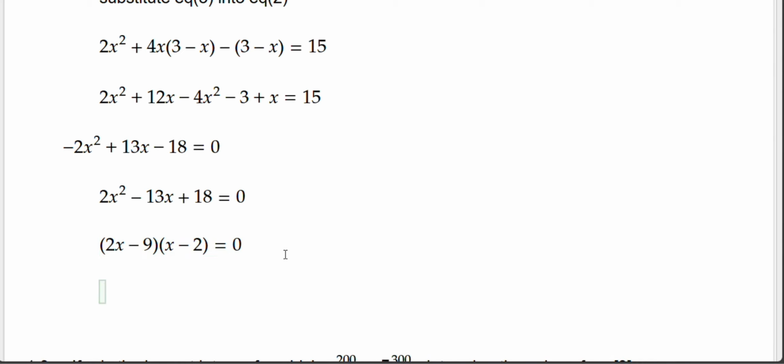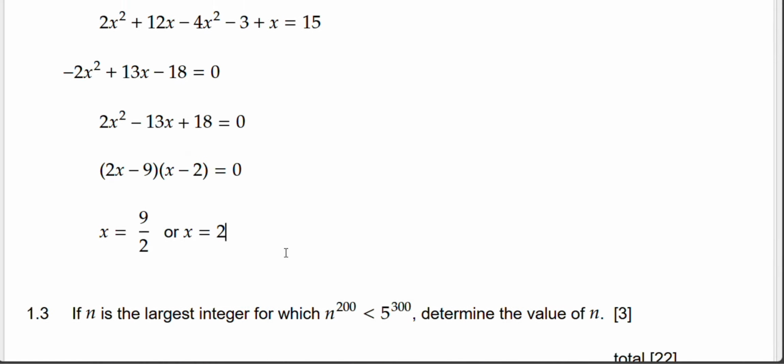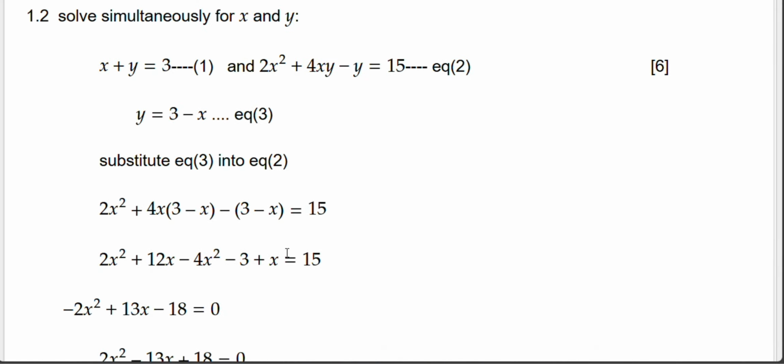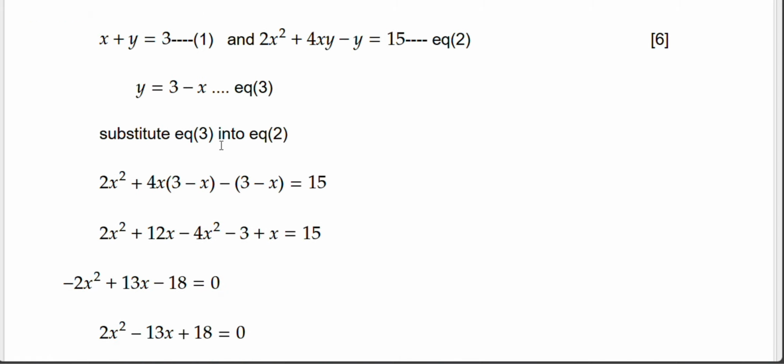So now x is equal to what? x is equal to 9 over 2, or x is equal to 2. So I'm not done. We need to substitute this value in equation 3.